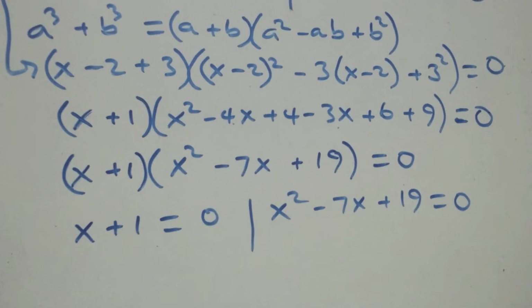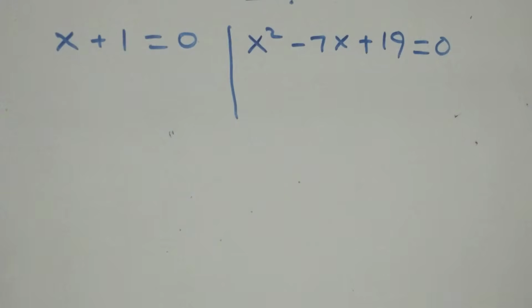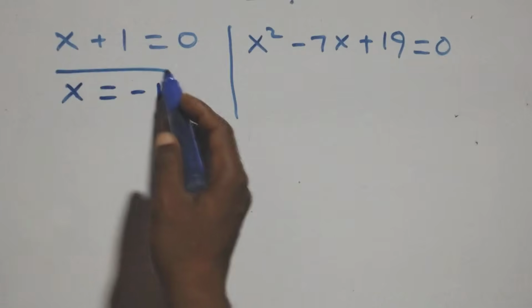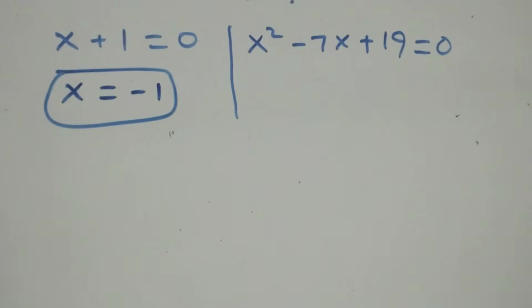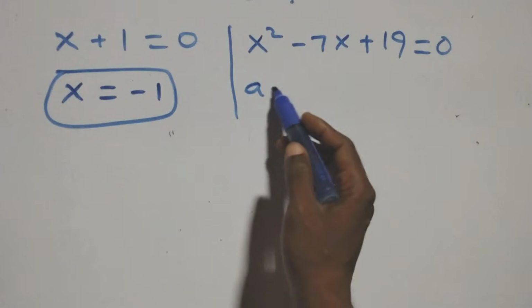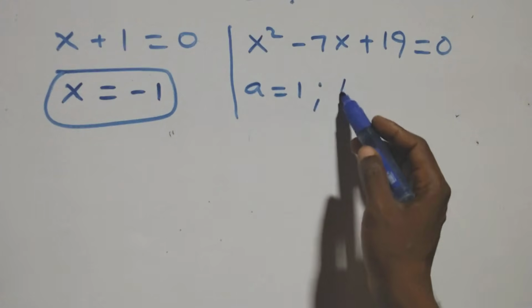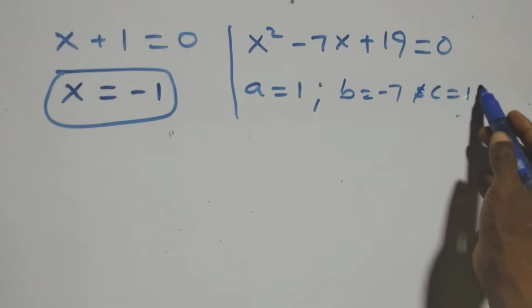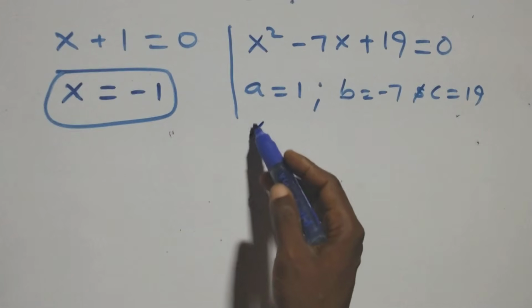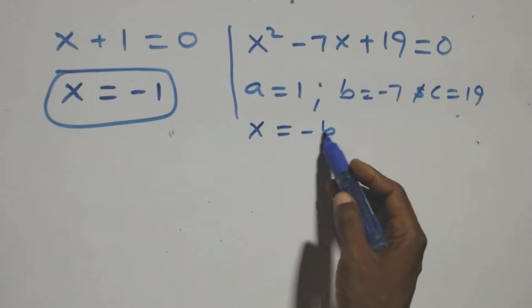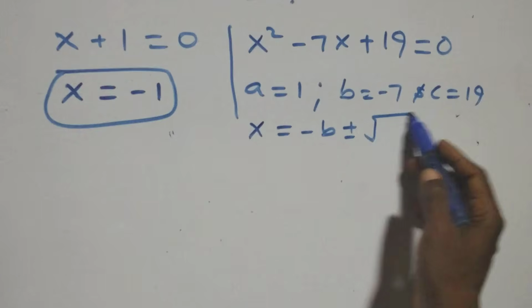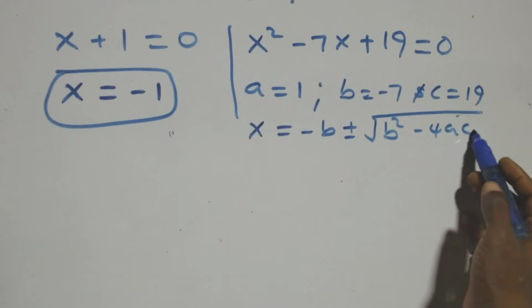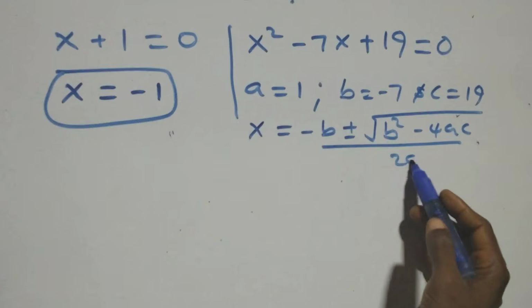Solving on this side, we have x equals minus 1, which is a real solution here. Here we have a quadratic equation where a equals 1, b equals minus 7, and c equals 19. Applying the quadratic formula, x equals minus b plus or minus square root of b squared minus 4ac all over 2a.